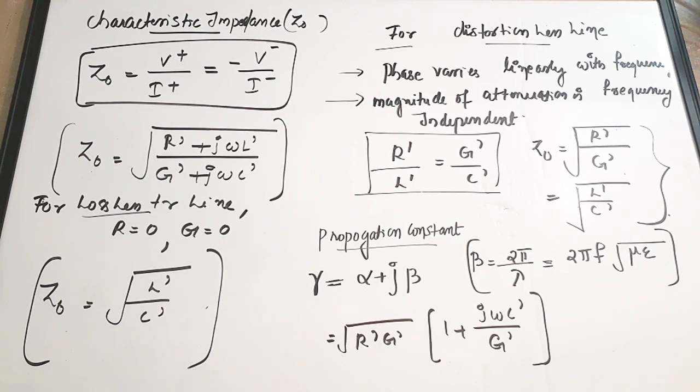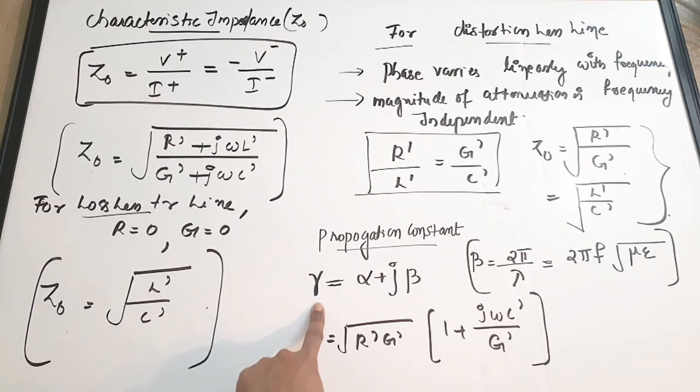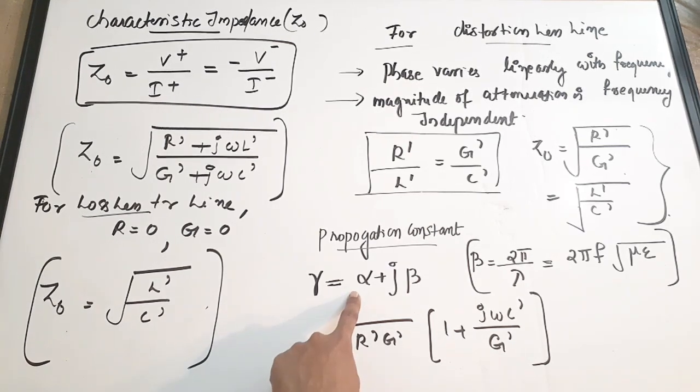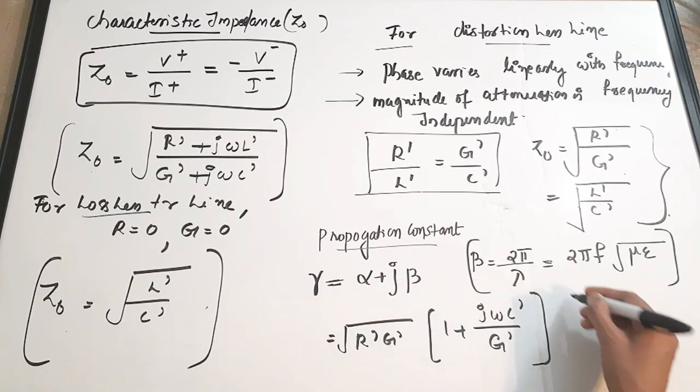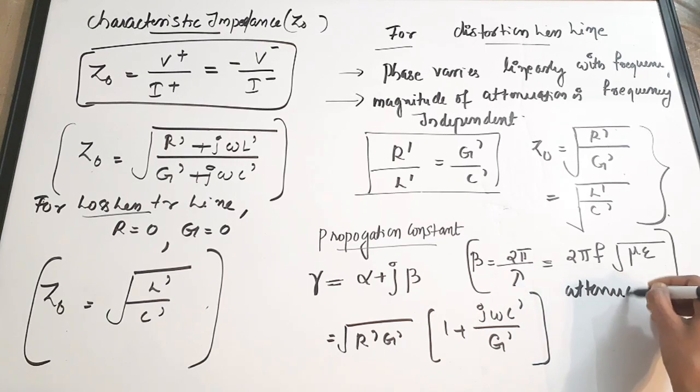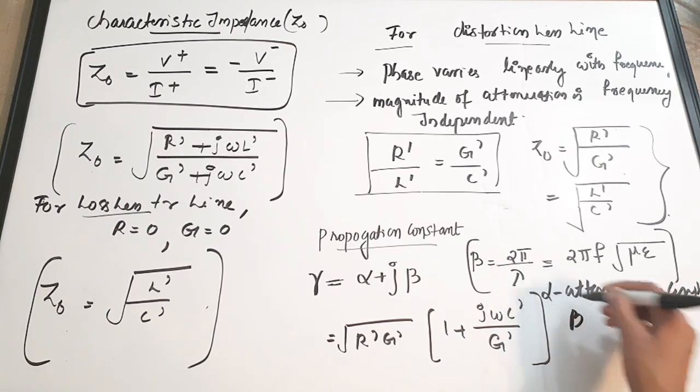Now let us discuss the propagation constant. We have already talked about it. It is represented as gamma is equal to alpha plus j beta. Here alpha is the attenuation constant and beta is the phase constant.